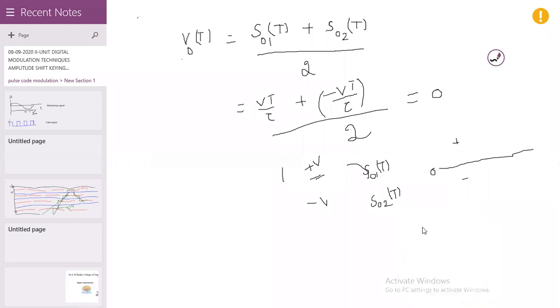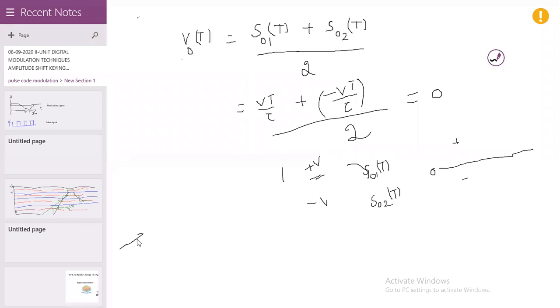So what will V naught of T be if the received signal is plus V along with Gaussian noise?